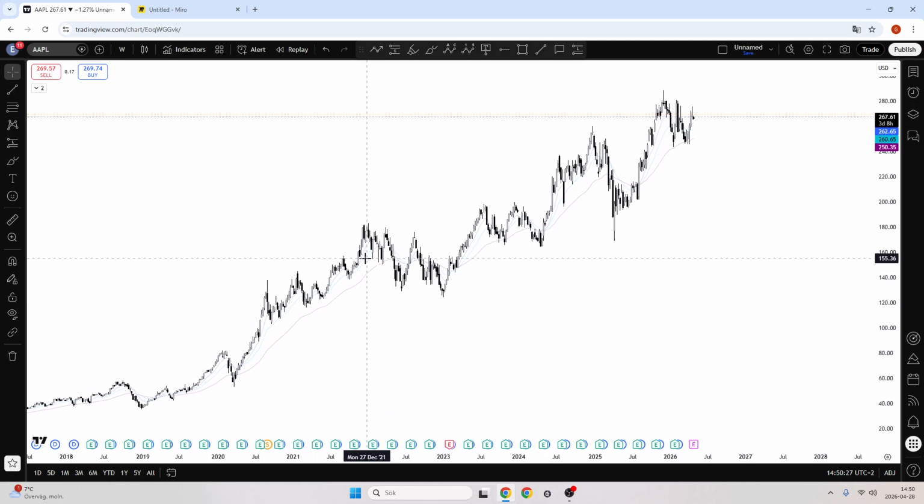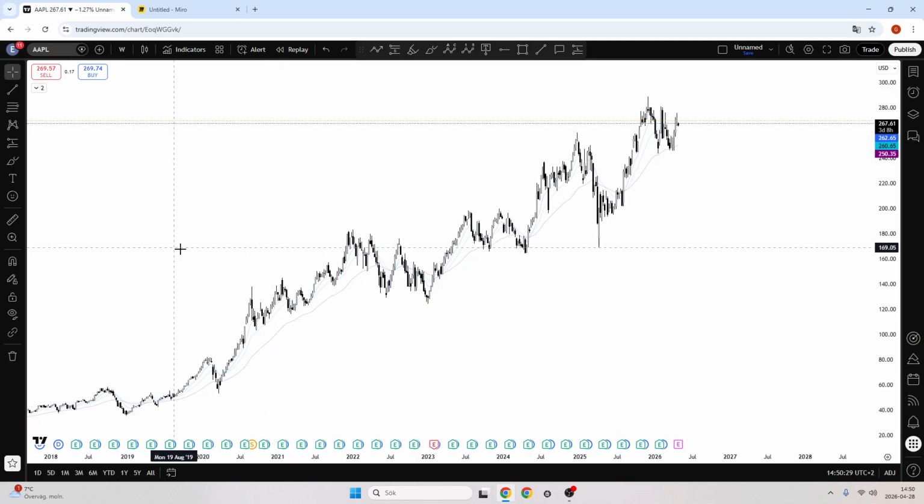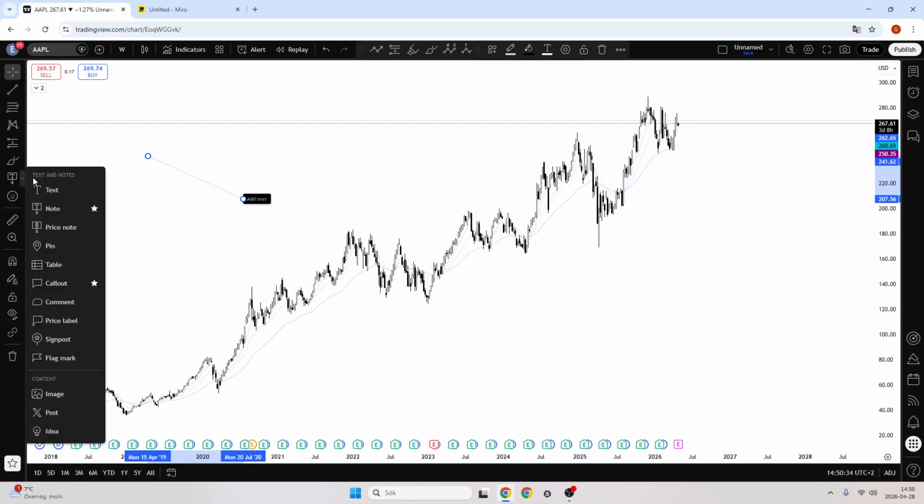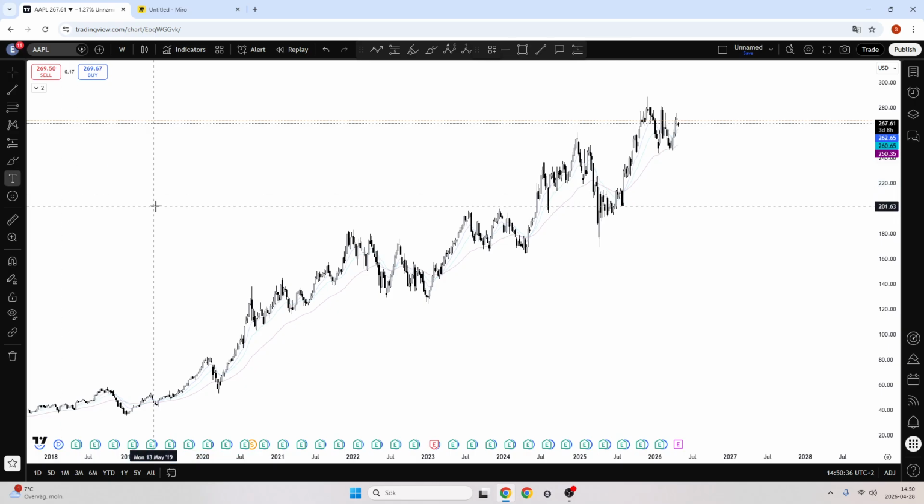I would go back in time and look at what created a move. So I want you guys to always have in mind: what creates a move?